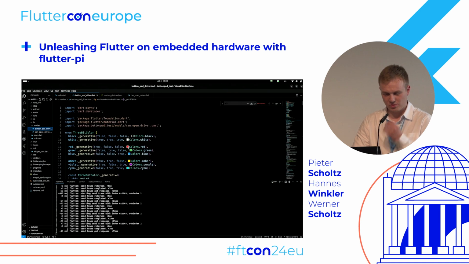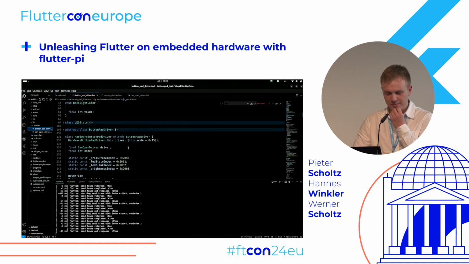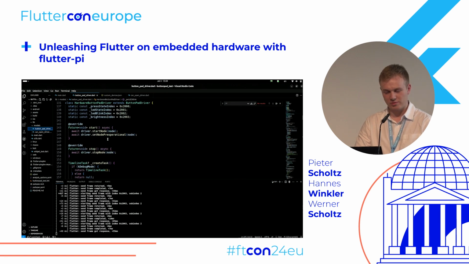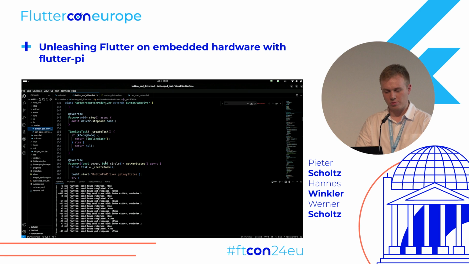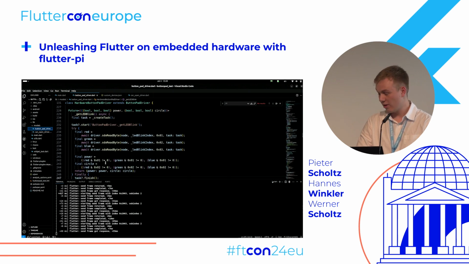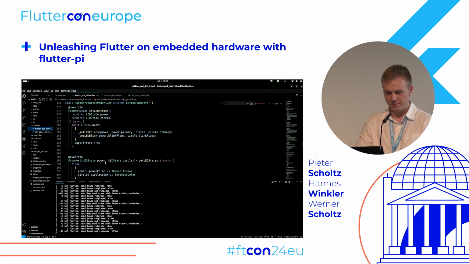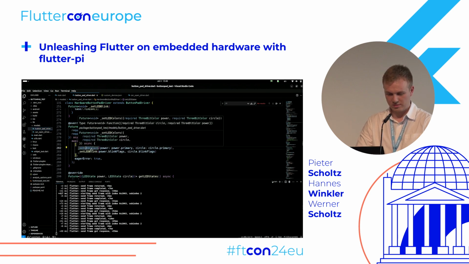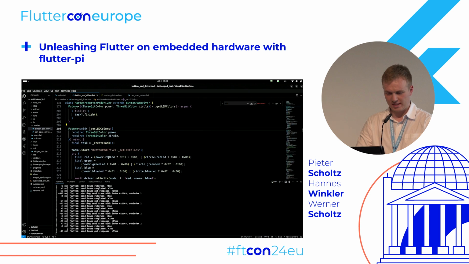Then we have this button pad driver, and that's what really implements the button pad. First of all, we start the node, set it to operational, and then to change the color of the button, we have this part here, which applies the LED colors.